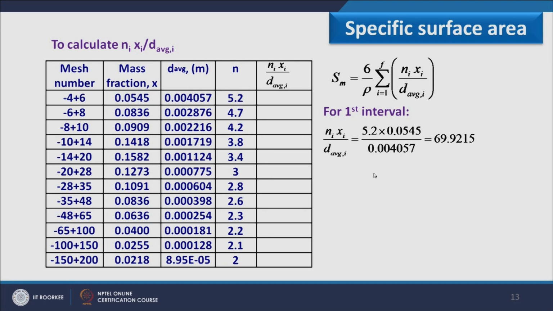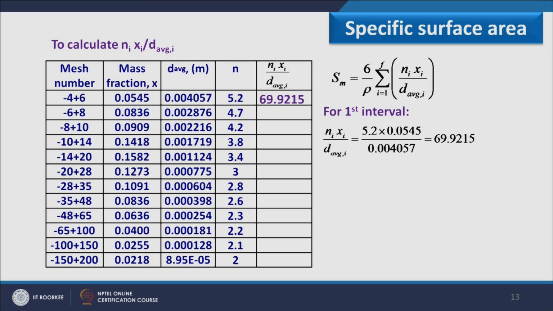We can simply compute this, because we have already computed n, x and d average for individual fractions. So, for the first interval we calculate n_i x_i over d average i as 5.2 into 0.0545 divided by 0.004057, and the value comes at 69.9215. This we can write in this cell.